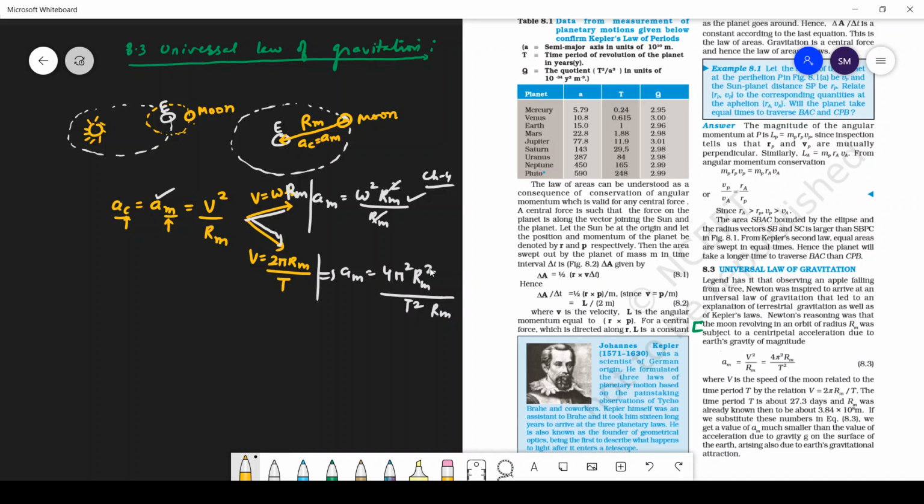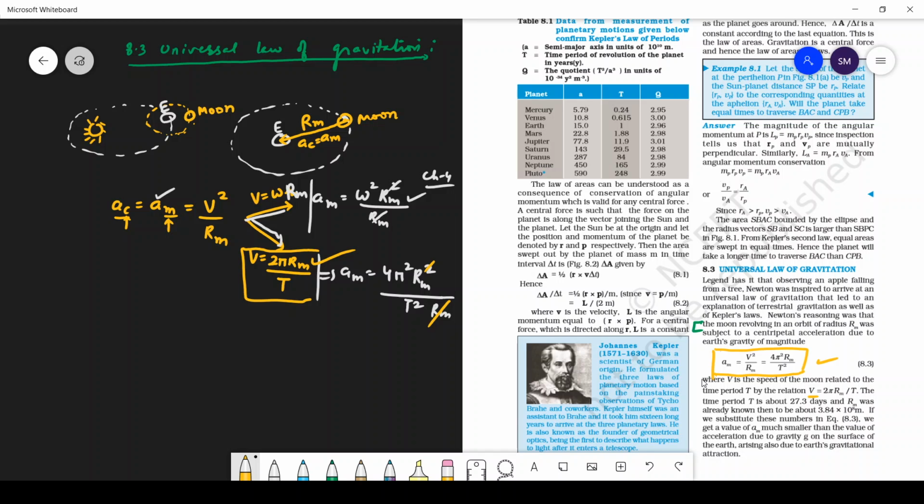So here also one Rm cancels out, and we get Am is equal to 4 pi square Rm upon T square. So this is what is written as equation 8.3. Okay, so V is the speed of the moon related with the time period, and this formula is also given. So the time period is about 27.3 days.